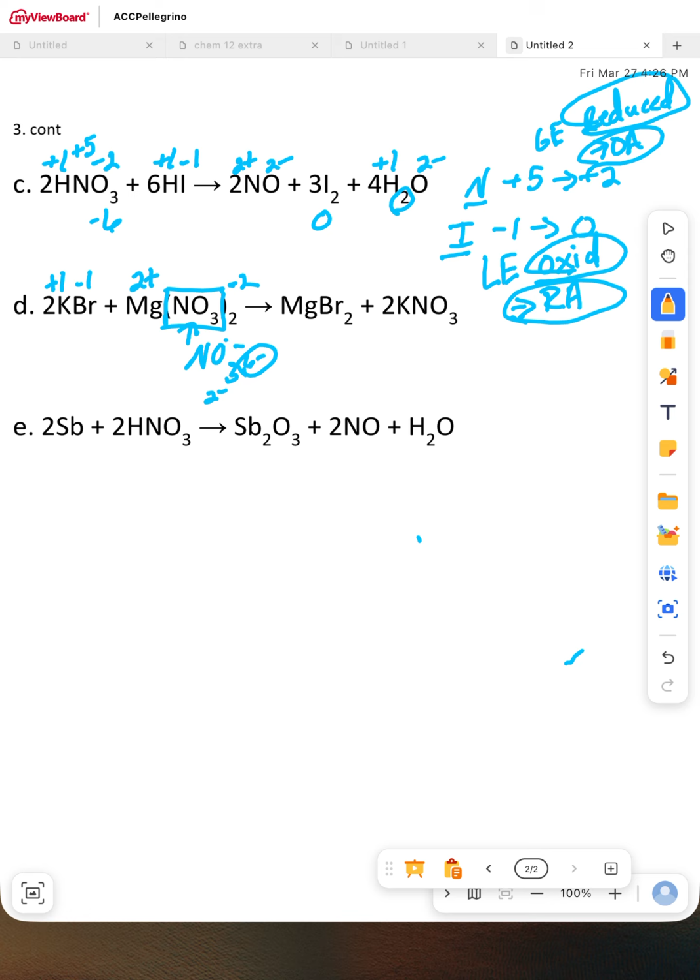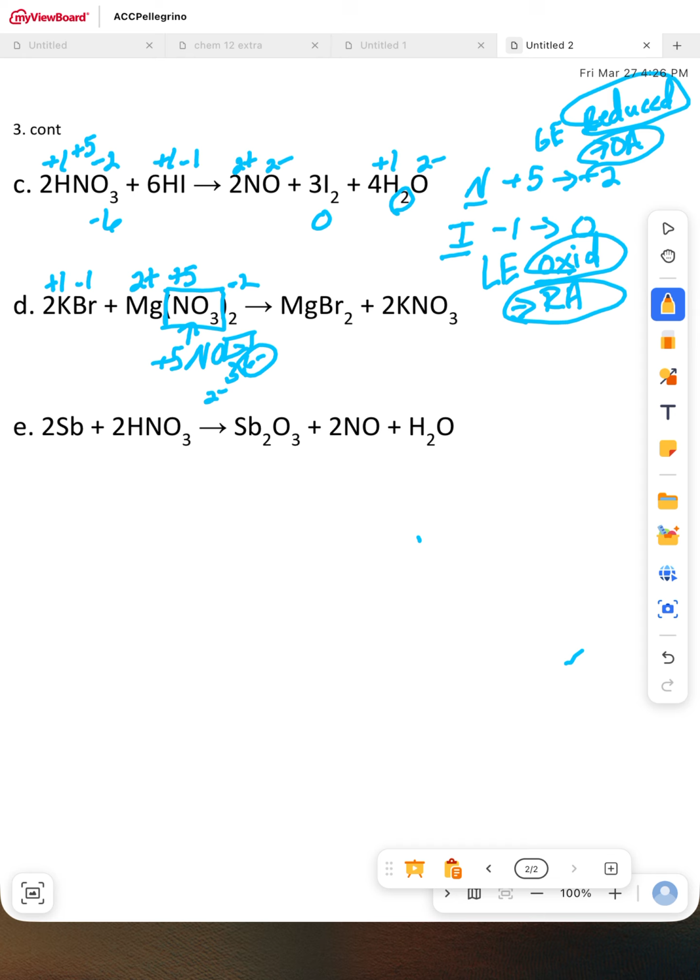The molecule itself needs to have a minus charge, so we don't want to get rid of all of those negatives coming from the oxygen. We only want to get rid of 5 of them, so we're left with 1 negative. So if we put a +5 on our nitrogen, that would work out. We'd have +5, and then the -6 from the oxygen would give us a net -1 charge, and that's what we're looking for.